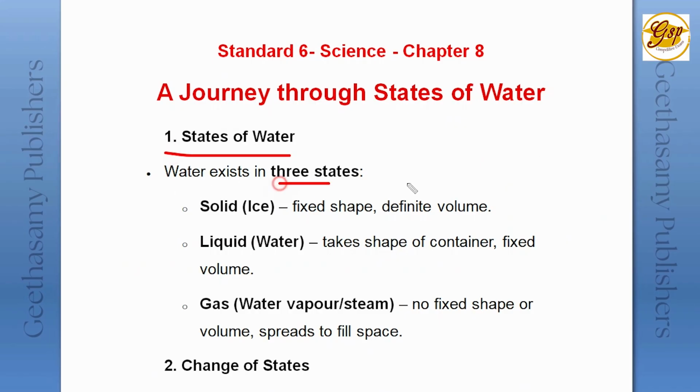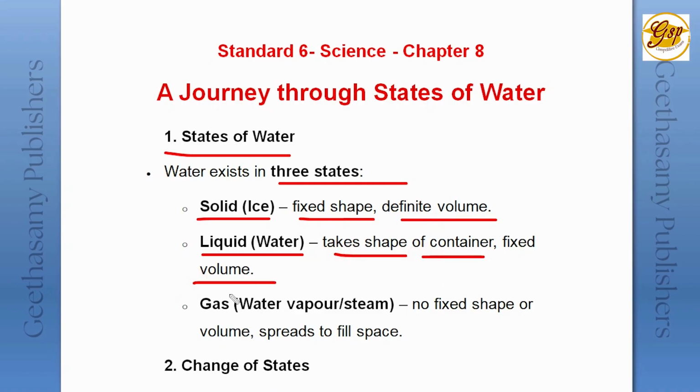The water exists in 3 states: solid, that is ice, fixed shape, definite volume; liquid, takes the shape of a container and fixed volume; gas, it's water vapor, no fixed shape or volume, it spreads and fills the space. Right?